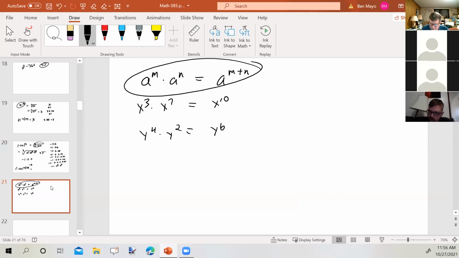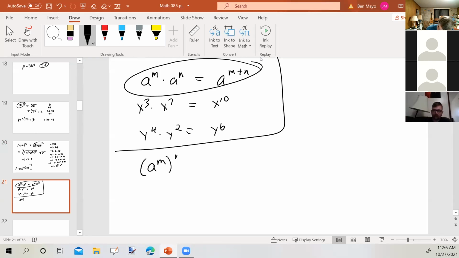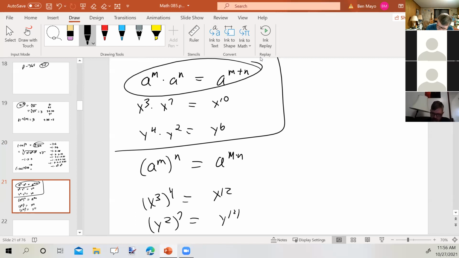Okay, so there's that rule. Another rule, if you've got a power raised to a power, you multiply the exponents. So x cubed to the 4th power is x to the 12th power. Y squared to the 7th power is y to the 14th power. So you've got that rule.